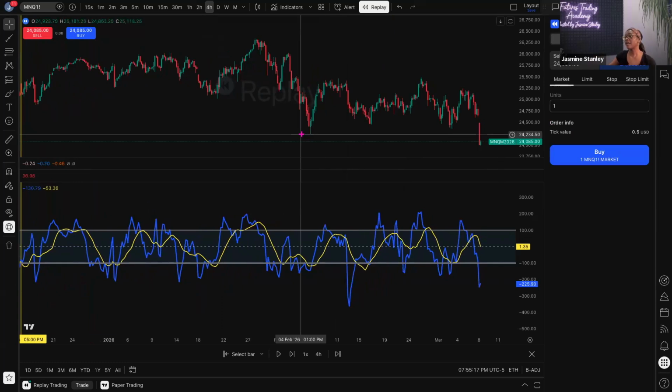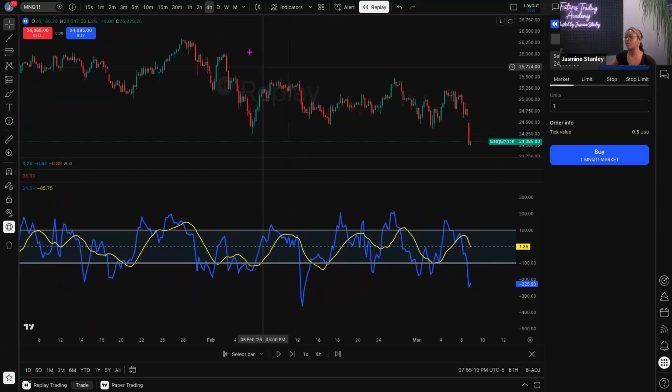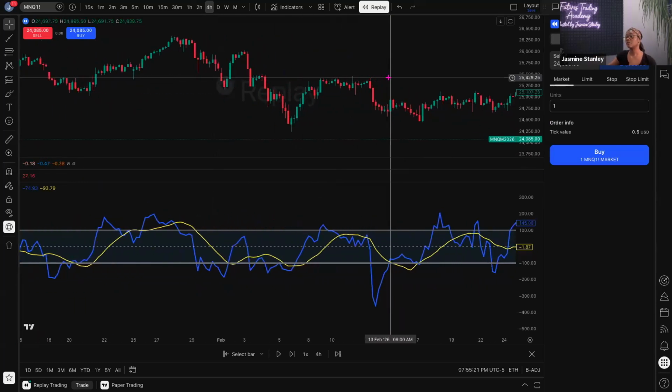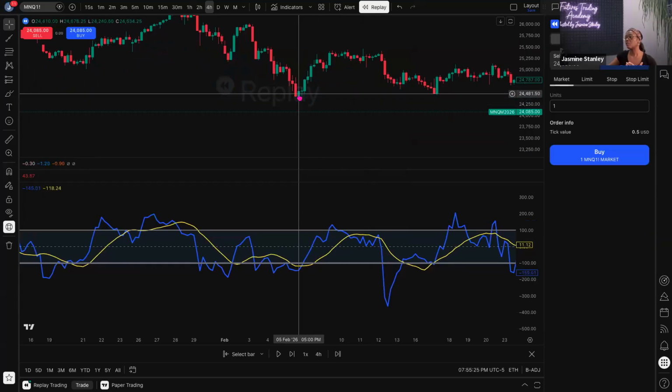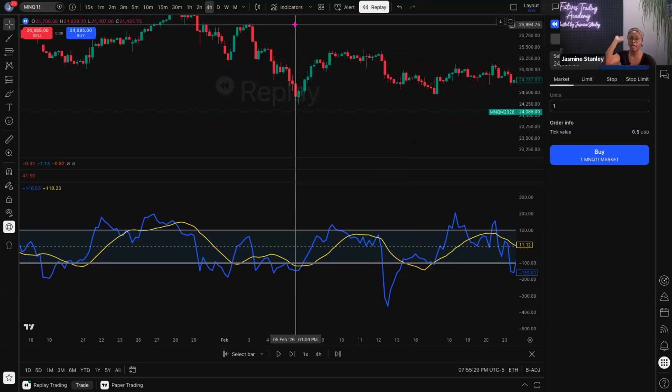It was probably the biggest candle in history. It went from here to here in one straight shot. I never saw nothing like that. I was in shock when I saw it. And it happened like that.